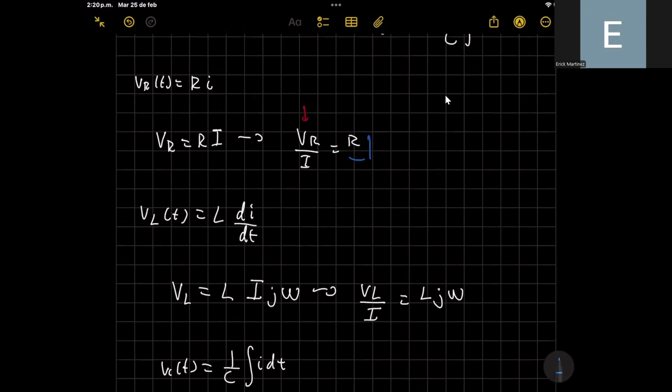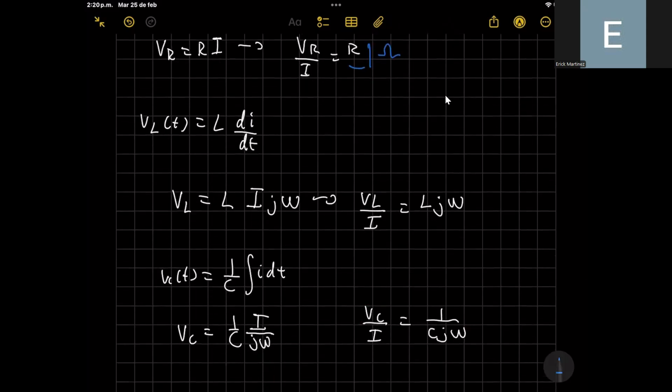The interesting part is that the voltage to current relationship for a resistance is the same resistance that we always measure in ohms. But for the inductor and the capacitor, we have these quantities, which are in fact a type of resistance that depends on the frequency. To compute this resistance, you need the value of the frequency of the circuit. We call this an impedance.